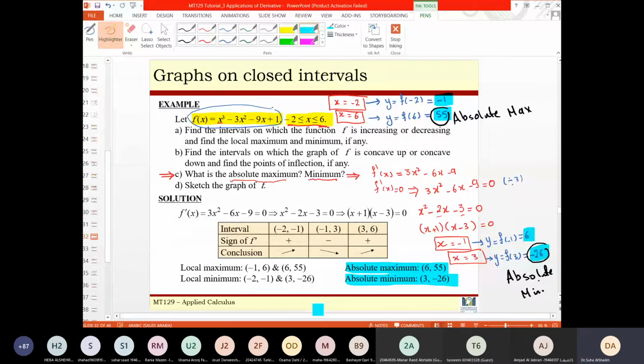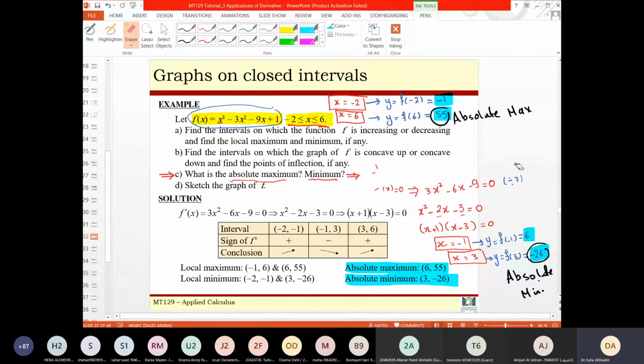Is it clear up to here? Any questions? Maybe this is the only question on the slide about the absolute maximum and minimum, so you have to be careful because it comes in the exam. They ask in the exam about the absolute maximum and minimum, and this is the only question.